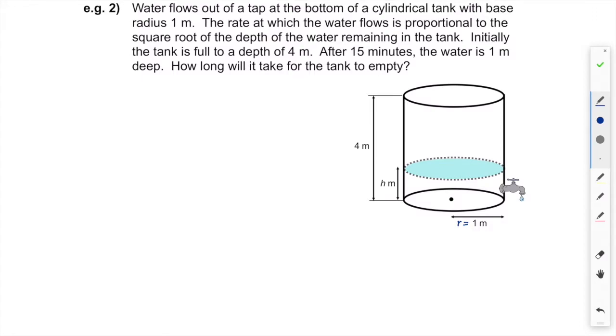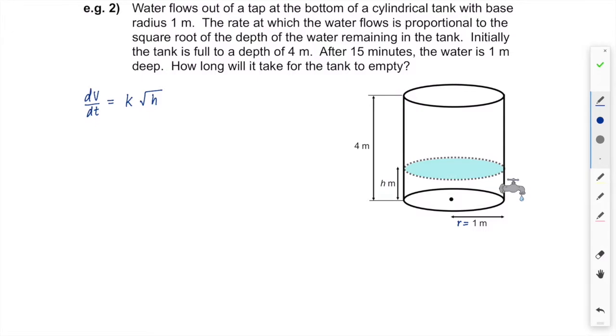We also know that this is a cylindrical tank. So the fact that the rate at which the water flows is proportional to the square root of the depth of the water can help us to relate the rate of change in volume to the square root of the height of the water inside.